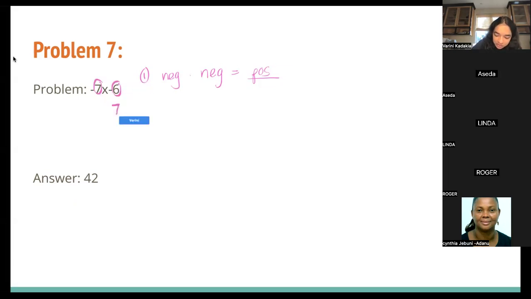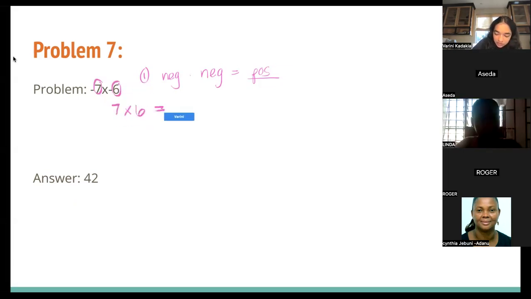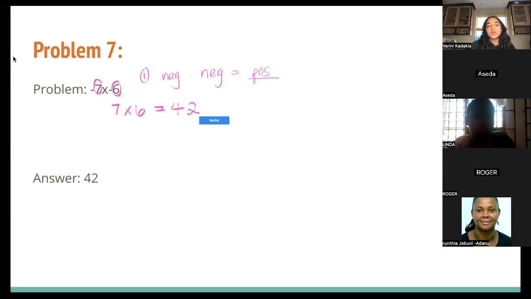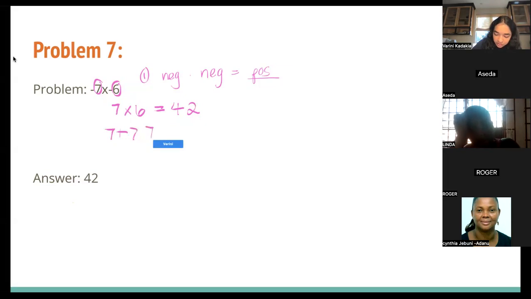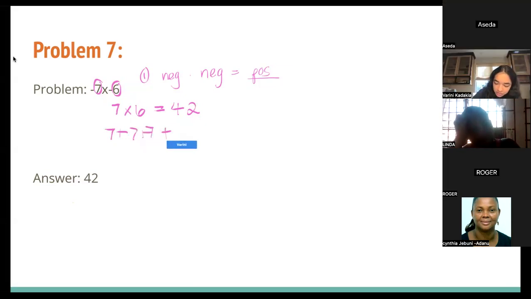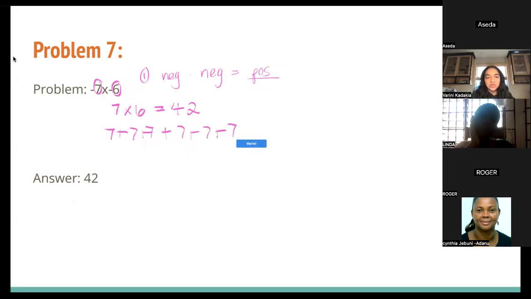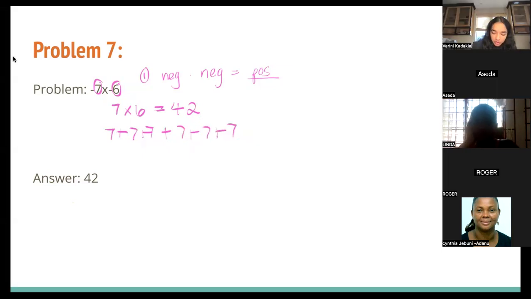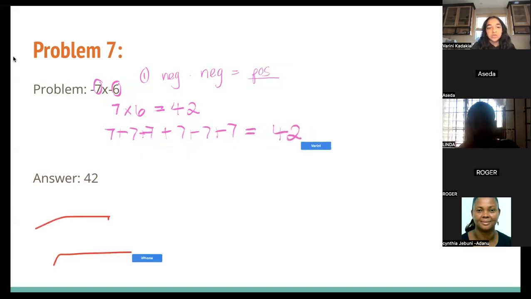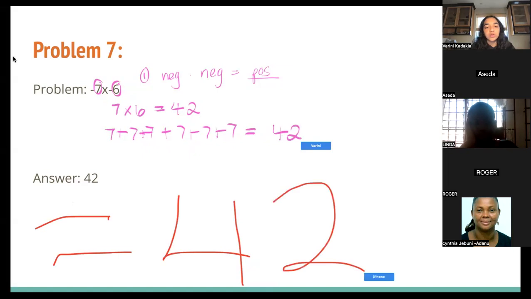Well, 7 times 6 is 42, because it would be written as 7 plus 7 plus 7 plus 7 plus 7 plus 7. I'm not going to compute the whole thing, but this gives you 42. So the answer is 42.